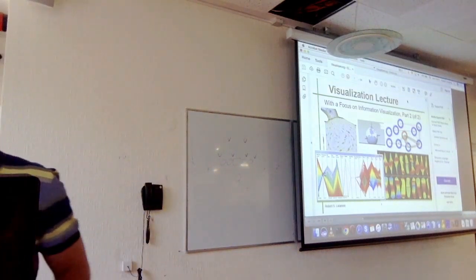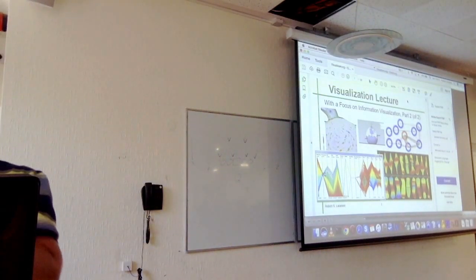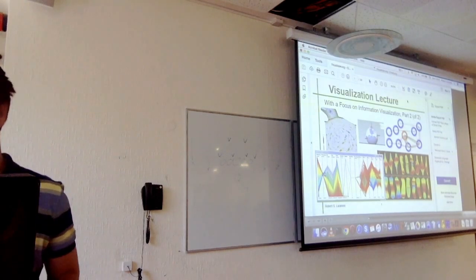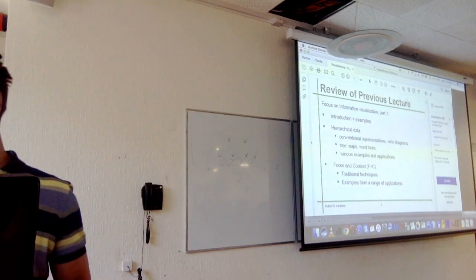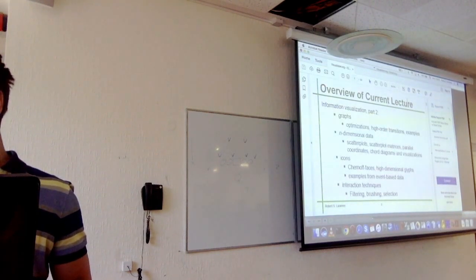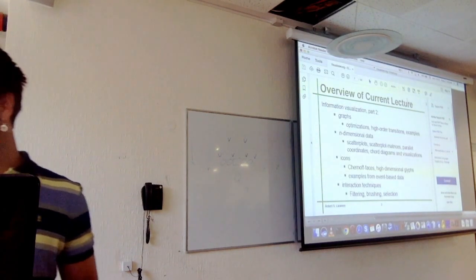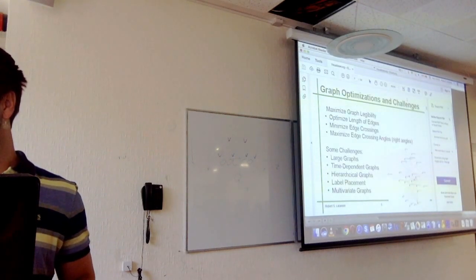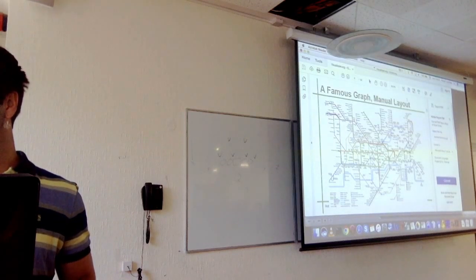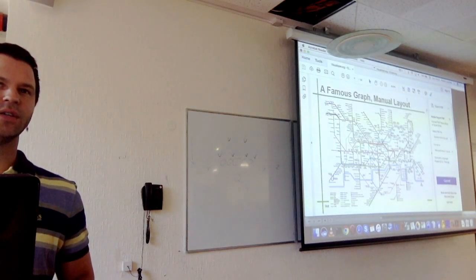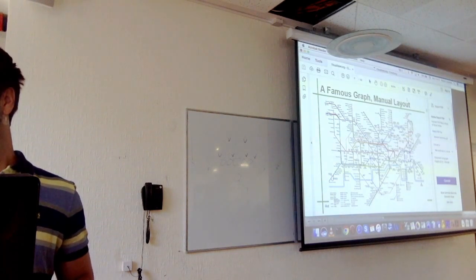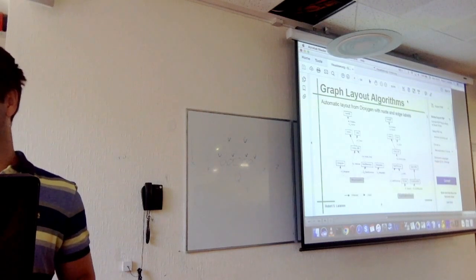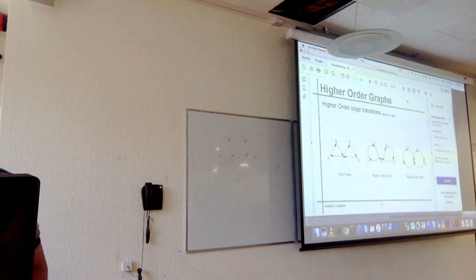Okay, good. Let's start then. So we were talking about some very exciting topics last time. And we were talking about graphs, and here's just a refresh of our memory. Graph optimizations and challenges, the London graph, which is manually drawn, and then automatic algorithms for graphs, and different examples.